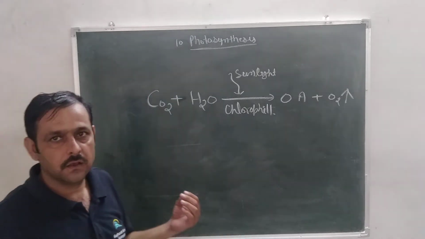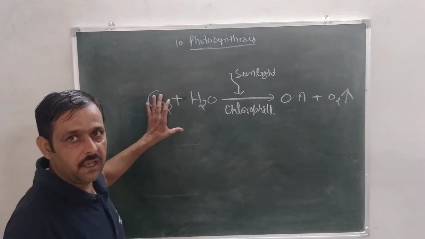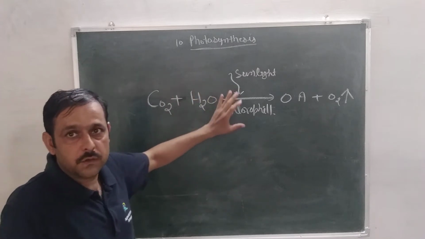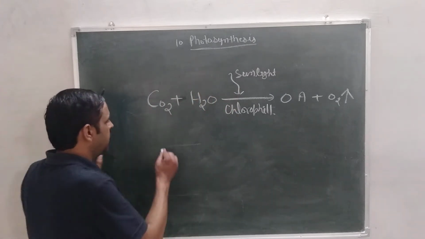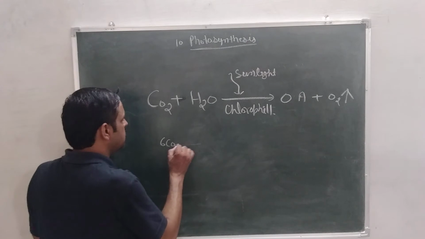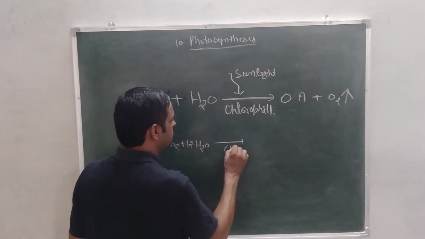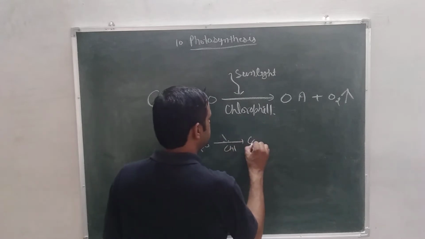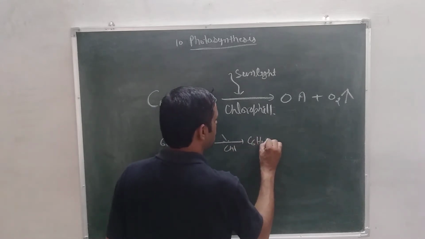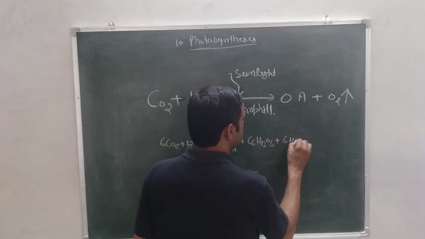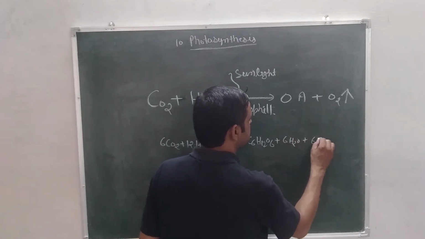Whenever we want to write a balanced equation, it is 6 CO2 plus 12 H2O, in the presence of chlorophyll and sunlight, gives C6H12O6 plus 6 H2O plus 6 O2.